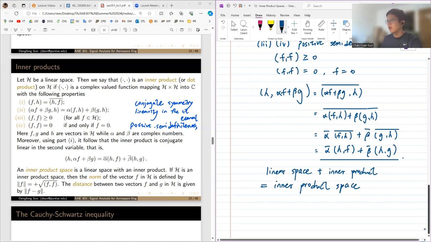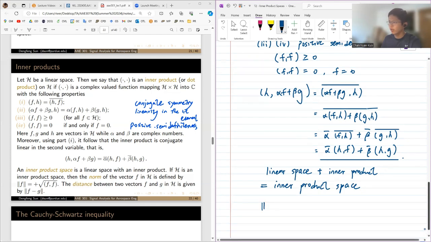And when we have an inner product space, then we can measure the distance between any two vectors in the linear space. For example, we can define the norm of a vector. Essentially, the norm will be the distance of that vector from the origin.